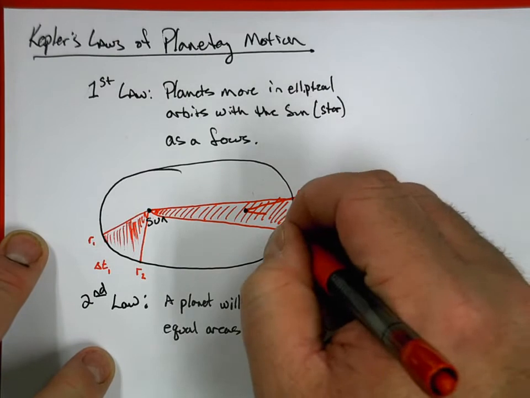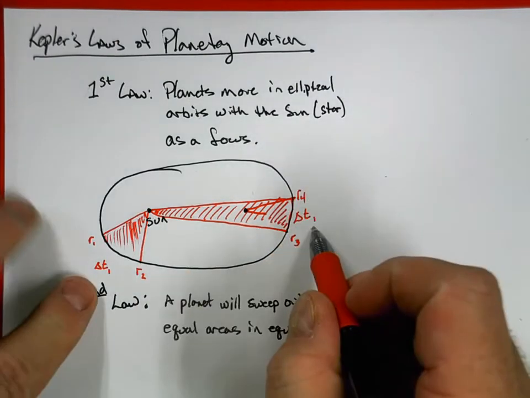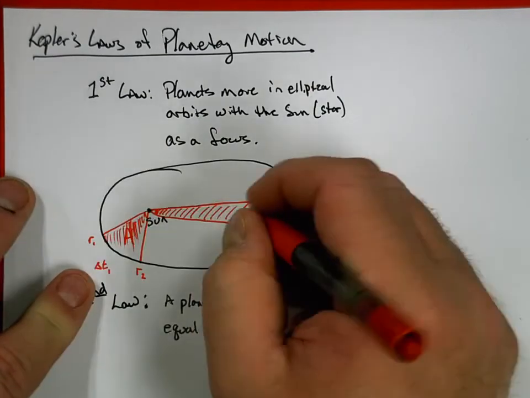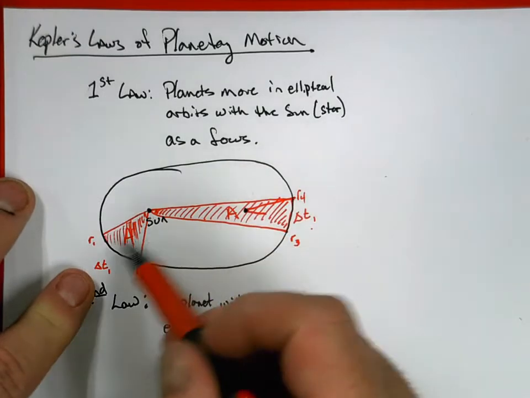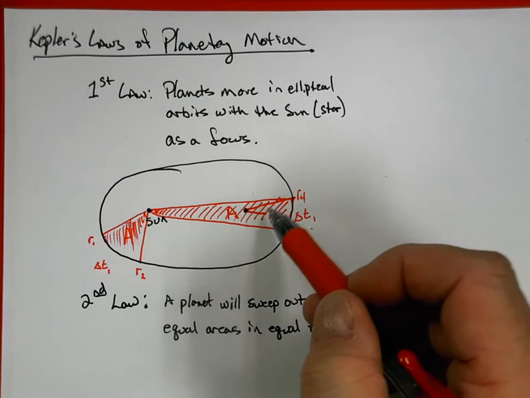But the time that it takes to go from here is delta t1, so these two are the same amounts of time. This area drawn out by this arc sweeping out is equal to this area over here.